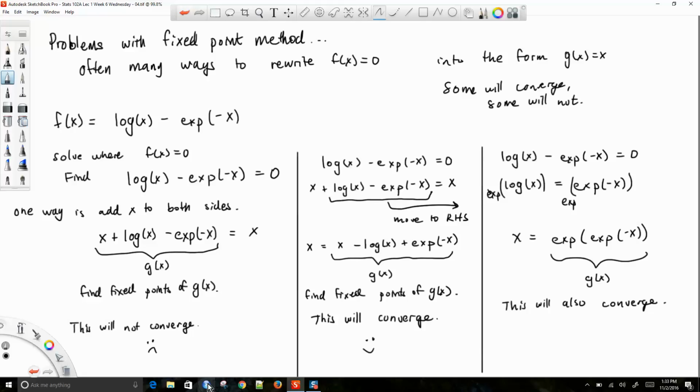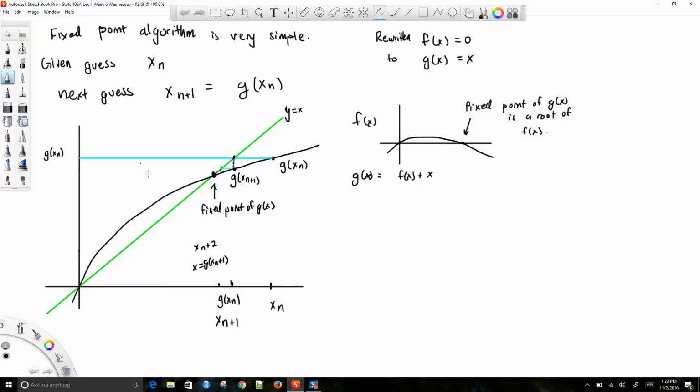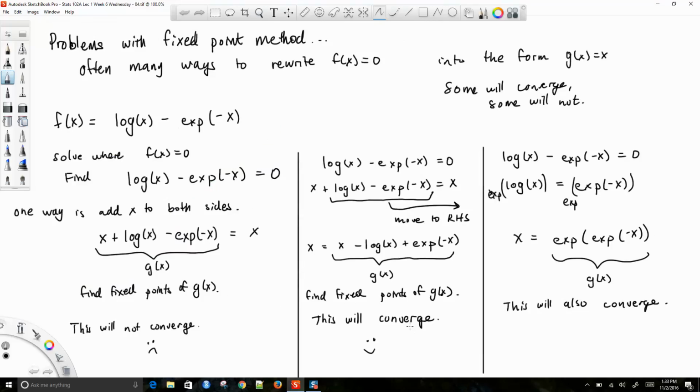You can just try it out yourself very simply and say, okay, here's my initial guess x of n, plug it into here, and whatever that outputs, just plug it back in itself. And then just keep iterating, and if you try it for something like this, you'll see that eventually it converges to a certain point, okay? And that will be the fixed point of the thing that we're looking at.